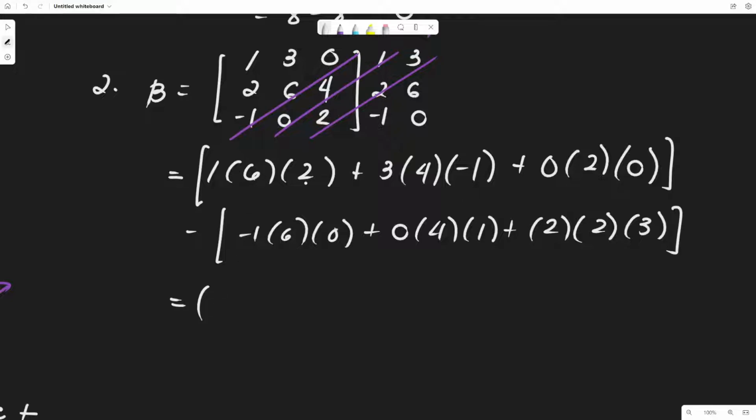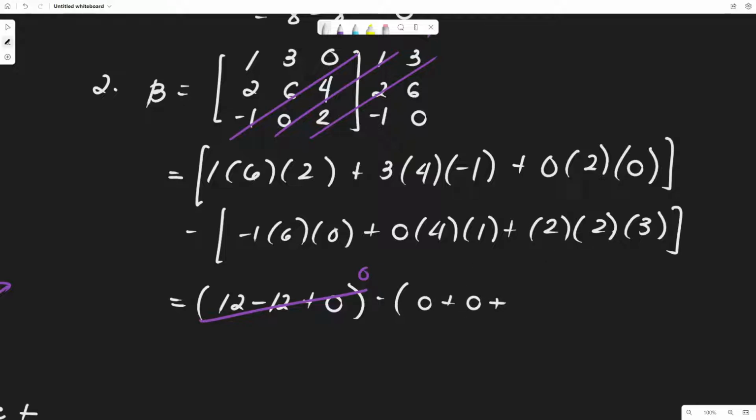So, 1 times 6 is 6 times 2 is 12. Then we have 3 times 4 is 12, times negative 1 is negative 12. Then obviously this is 0, so plus 0. I'll simplify: negative 1 times 6 times 0 is 0, 0 times 4 times 1 is 0, obviously.